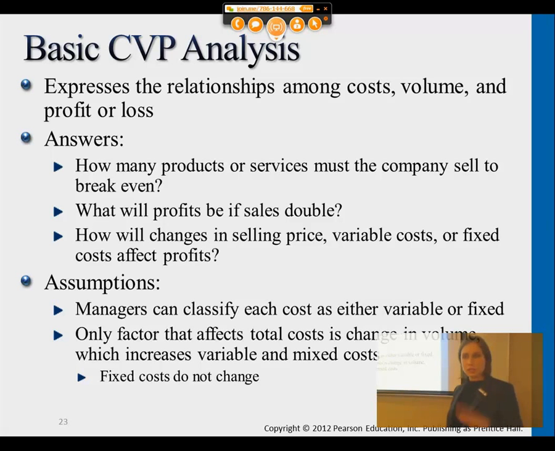That's it, just like we discussed in the first portion. And the fixed costs, they do not change. We know that. Okay, so remember the following, that CVP is only an approximation. It's not exact. It's just an approximation.